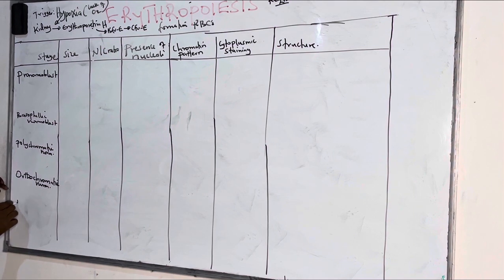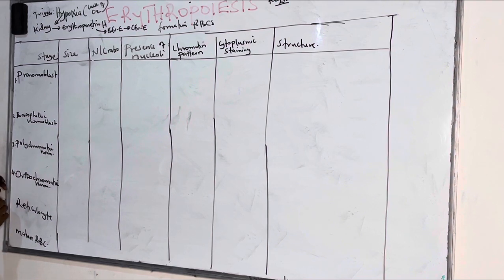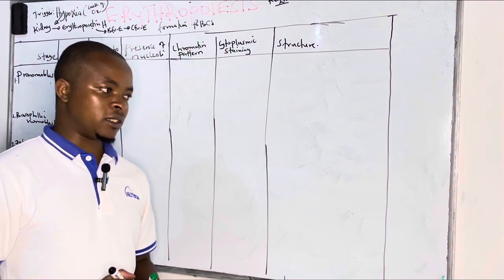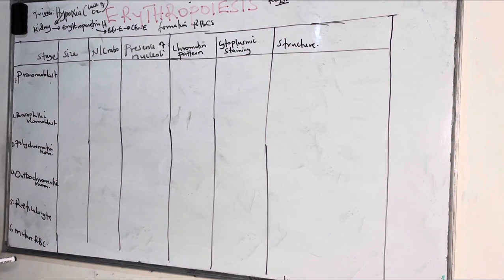Then it gives rise to reticulocyte, and finally the mature red cell, as we are going to see. So these are the only 6 stages that are involved in erythropoiesis. So we want to describe these different stages.